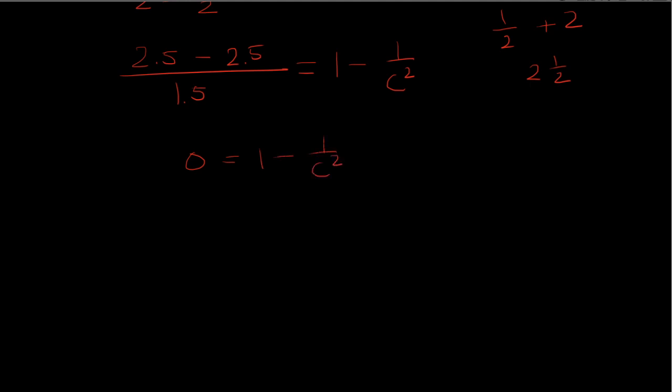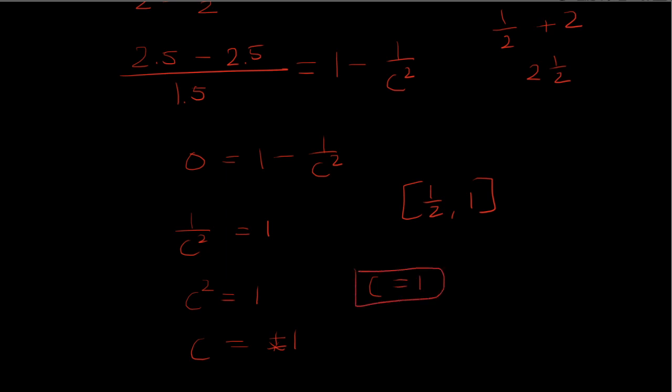I'm going to add 1 over c squared to both sides, and then flip both sides to get c squared at the top. So c is plus or minus 1. But remember, our interval was between 1/2 and 2. Negative 1 is not in that interval, but 1 is. So c equals 1 is our only answer.